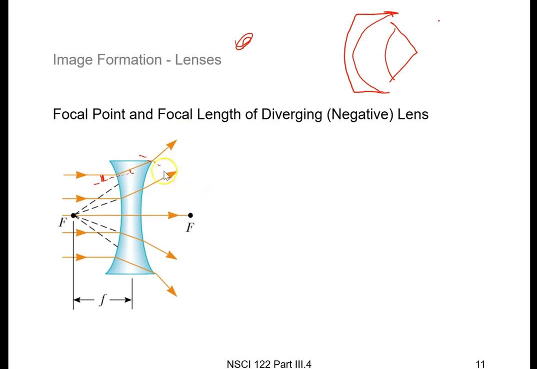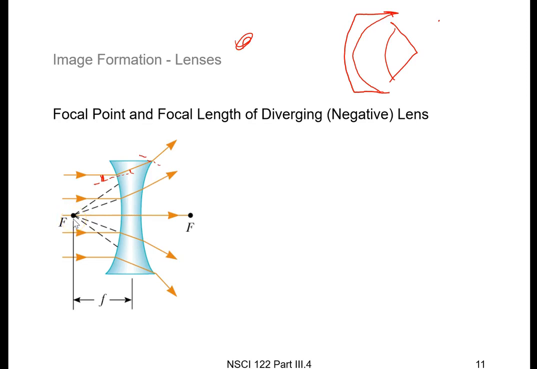If you do that, you'll find that all the rays that leave the lens are diverging as they're moving to the right. So what you do is trace them backwards. Just go straight back from right where they leave the lens. And you'll get these dashed lines if you trace them all backwards. And they all appear to come from this focal point, the so-called front focal point.